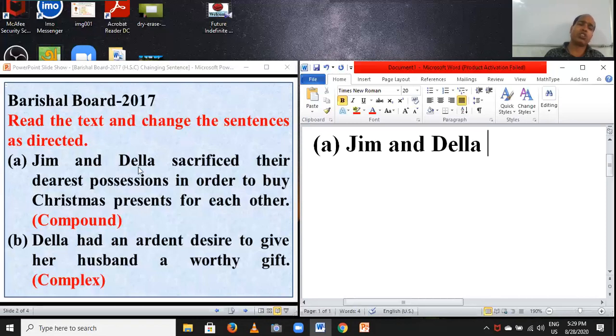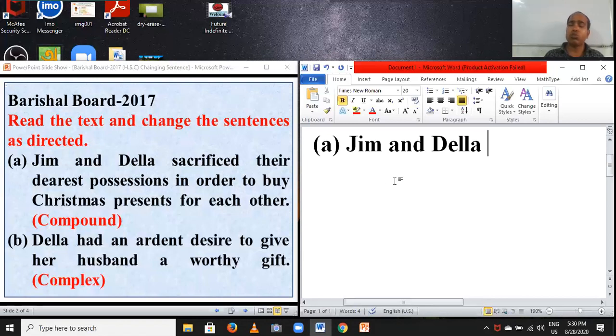Students, notice: in this sentence, the principal verb sacrificed is in the B2 form. The form of this verb is B2.